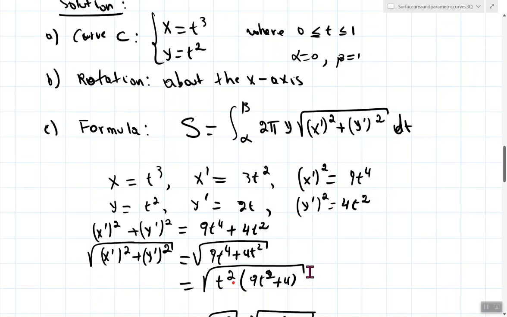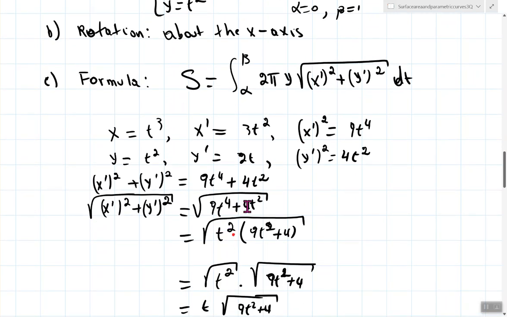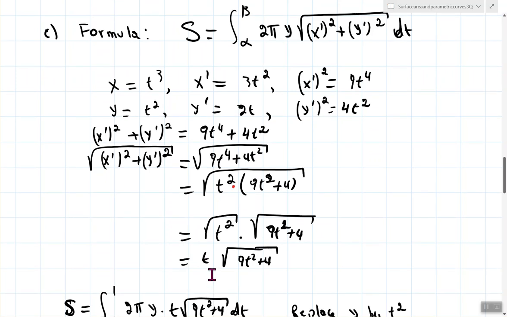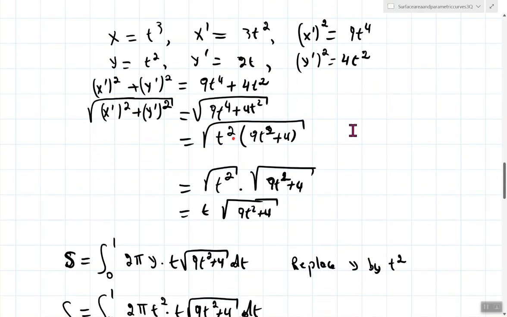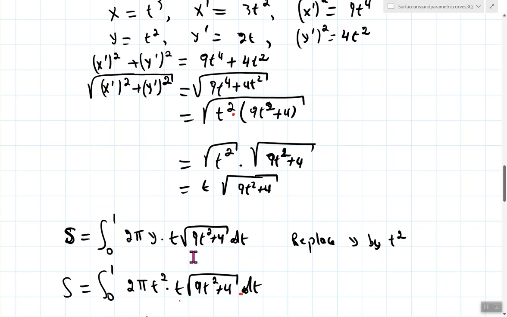Here we can factor out t squared: t squared times quantity 9t squared plus 4, all under the square root. When you take the square root of t squared, you get t, and the other one remains under the square root sign. That's the square root of x prime squared plus y prime squared. We plug this into the formula and get t times the square root of 9t squared plus 4 dt.